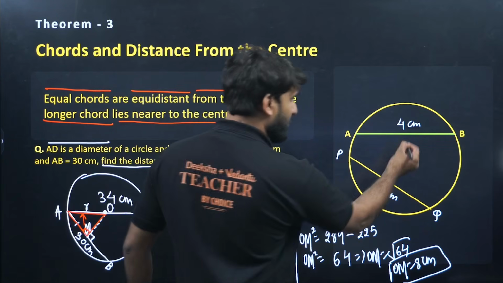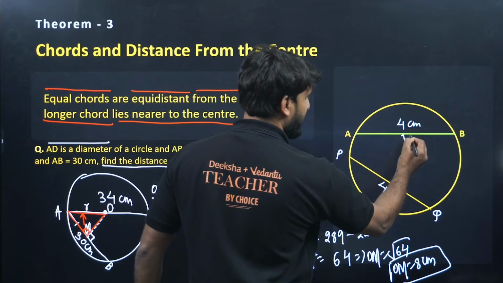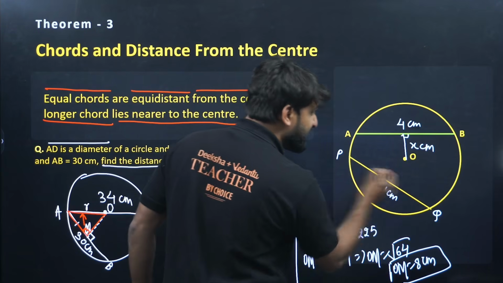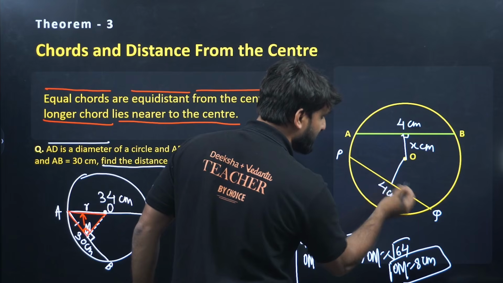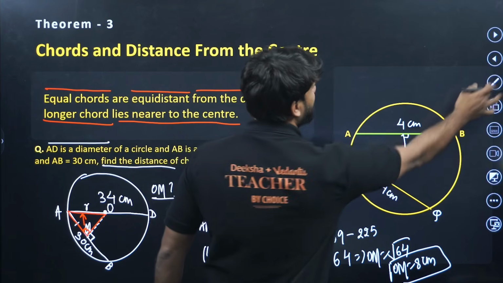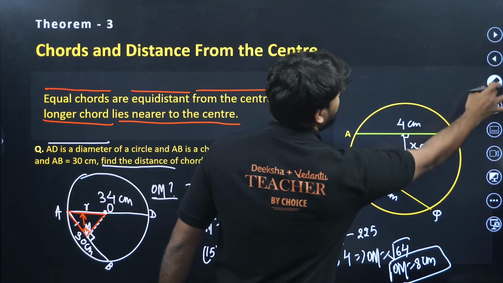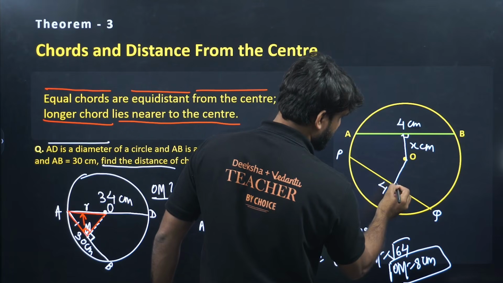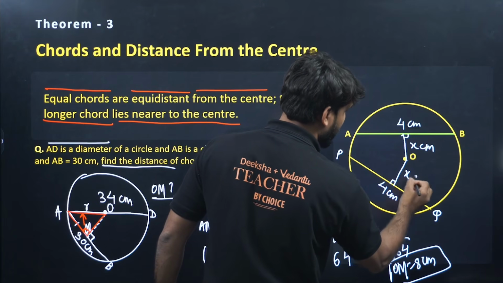So if we draw the distance of chord AB, for example, just imagine this is X centimeter. The distance of this chord from the center will also be, and we know it has to be 90 degree because this is the theorem: the line drawn from the center to a chord is 90 degree. So this will be 90 degree and this will also be X centimeter.